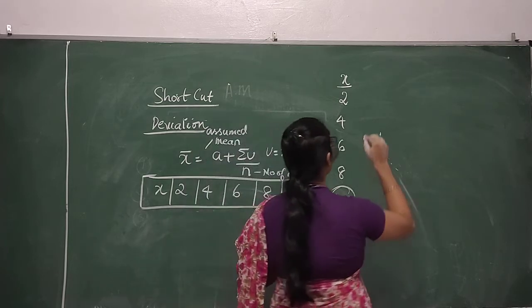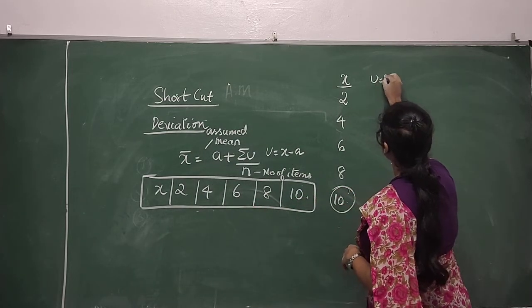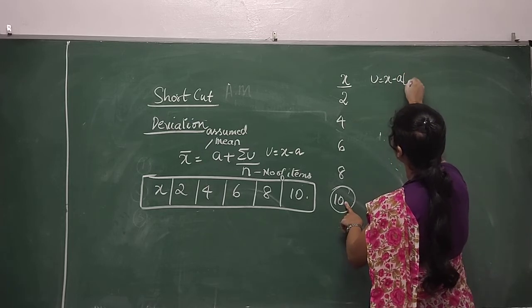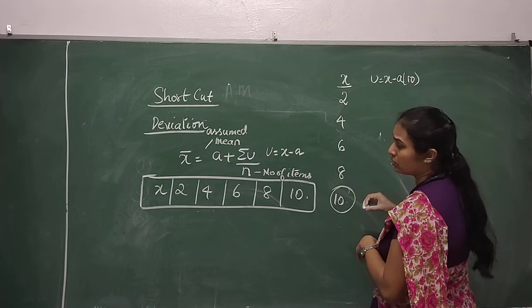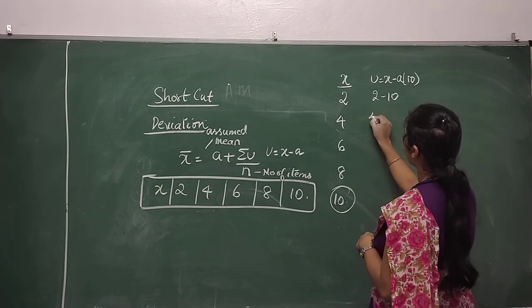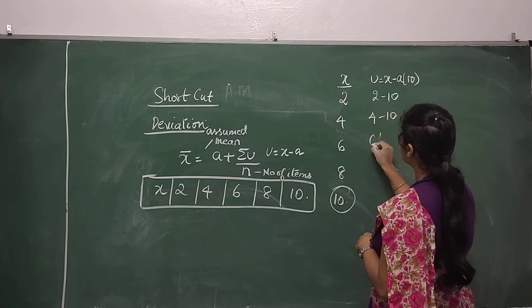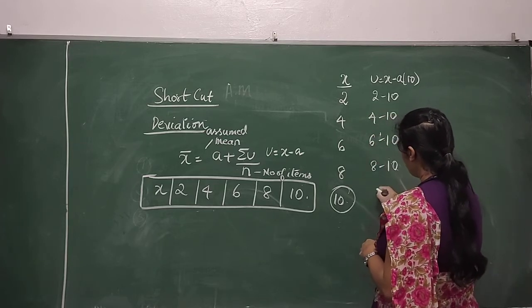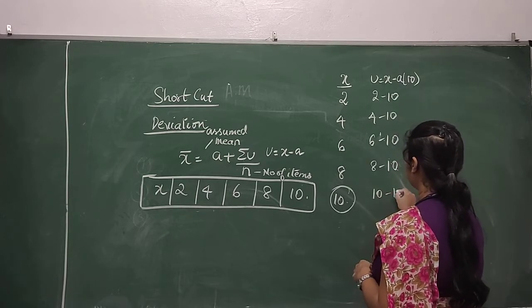So now what is u? x minus a. What is a now? I told you I am taking 10 as my assumed mean. So it is 2 minus 10, 4 minus 10, 6 minus 10, 8 minus 10, 10 minus 10.